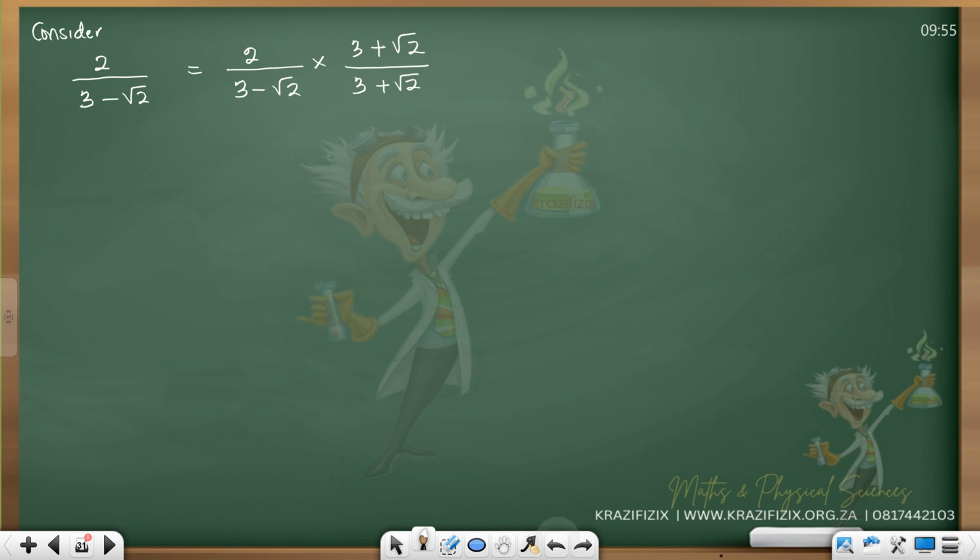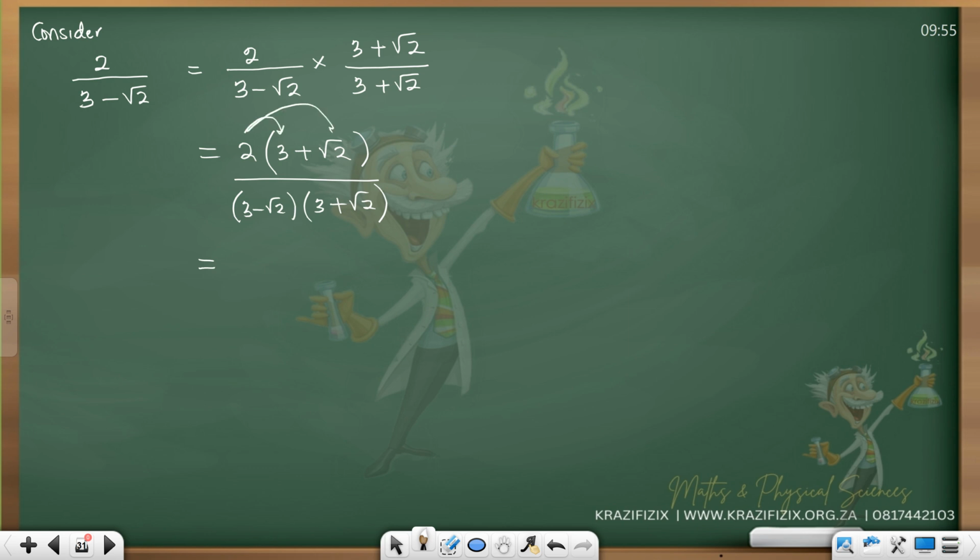It gives me back my question, but we don't cancel. So I multiply the top and the bottom by its conjugate. This is 2 into bracket 3 plus root 2 over 3 minus root 2 times 3 plus root 2. Beautiful.